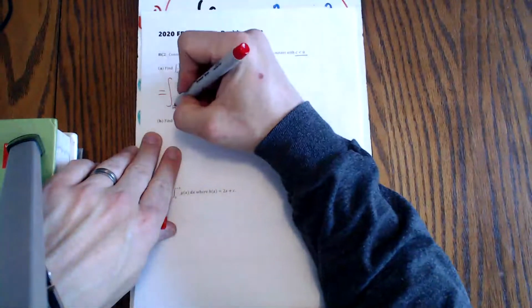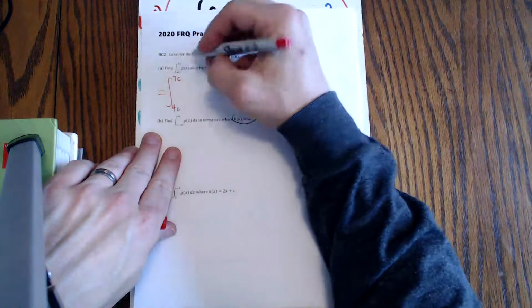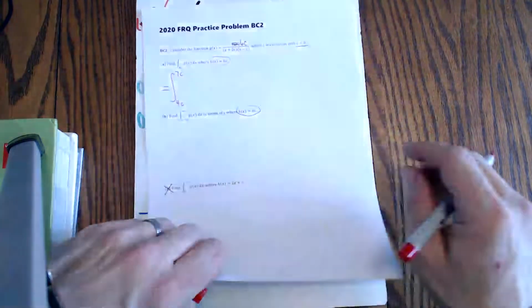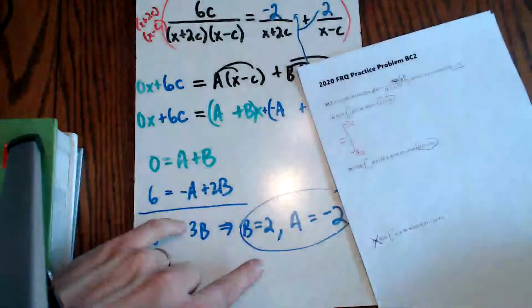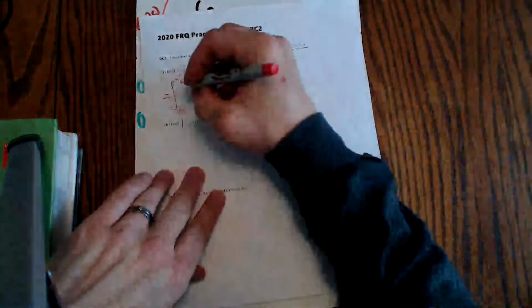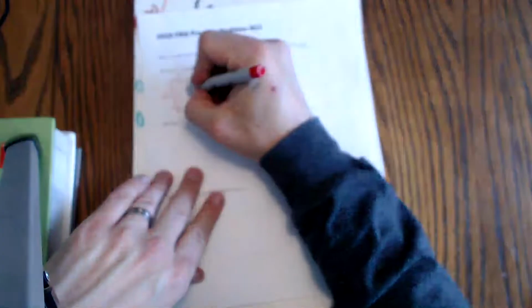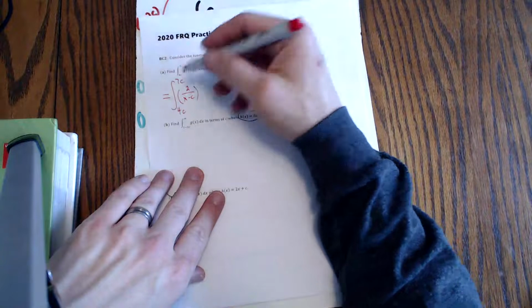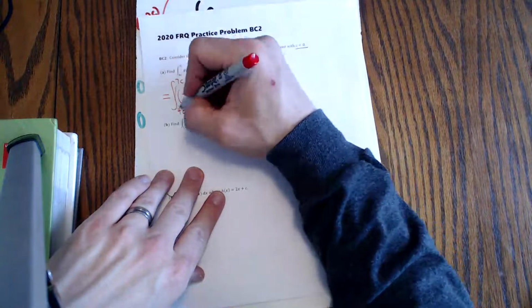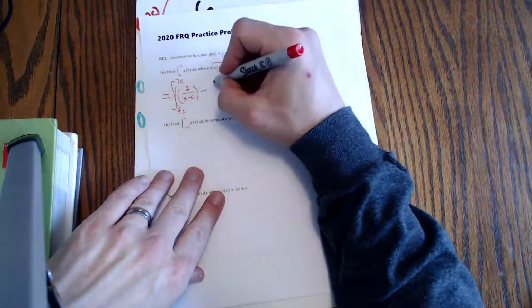So what we want to do is the integral from 4c to 7c of g, where we just decompose g into 2 over x minus c. I always like to write the positive one first. I don't know why I put parentheses there. I didn't need them. It doesn't hurt, but it was just dumb. Sorry.